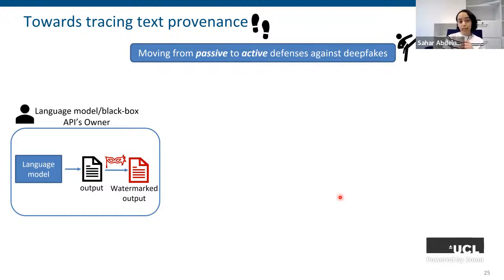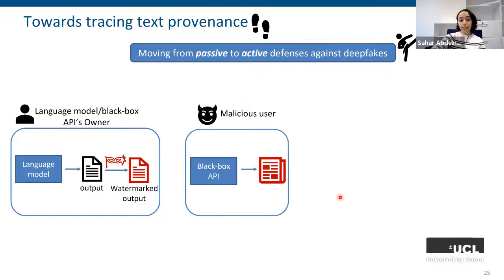And in that work, we assumed a black box API. This is a realistic setup because currently we have models like GPT-3 that are only available through a black box API. Later, a malicious user might use this API in order to generate fake content at scale, such as entire articles.